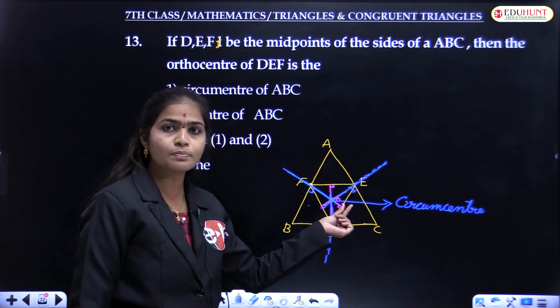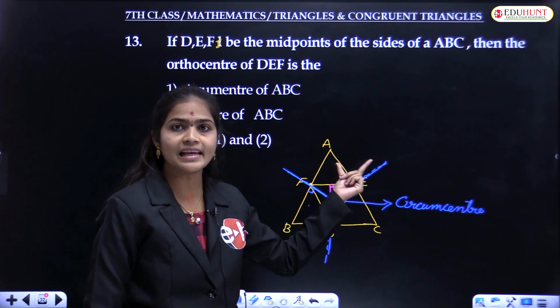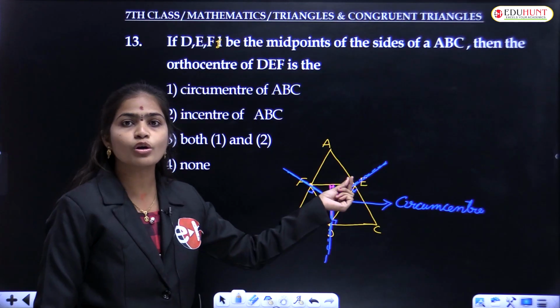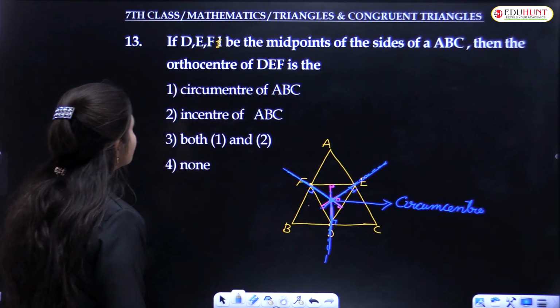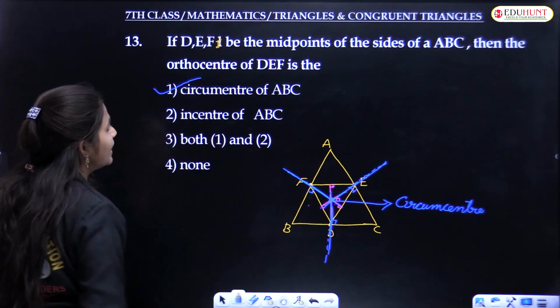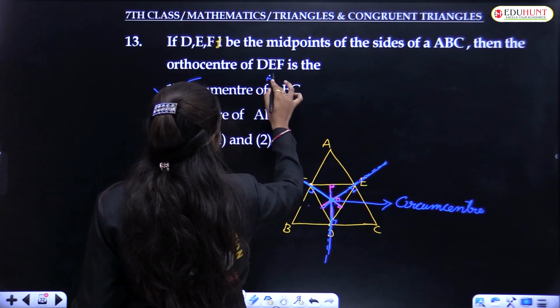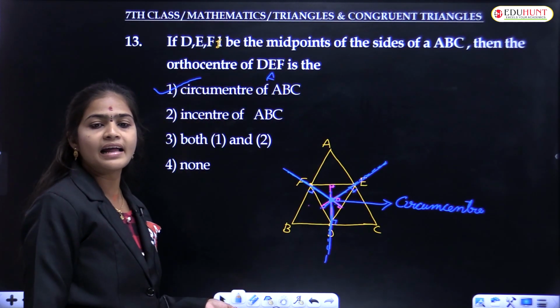We will call this point the circumcenter of the triangle ABC and the orthocenter of the triangle DEF. Okay children, so our answer is the circumcenter of triangle ABC.